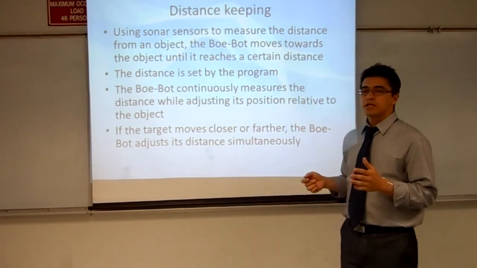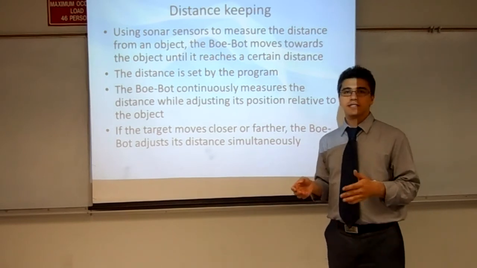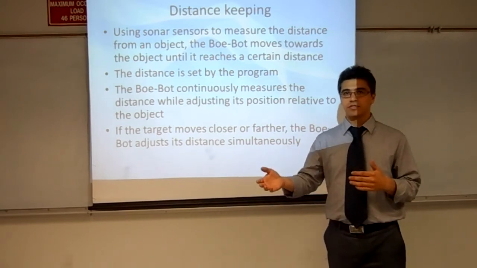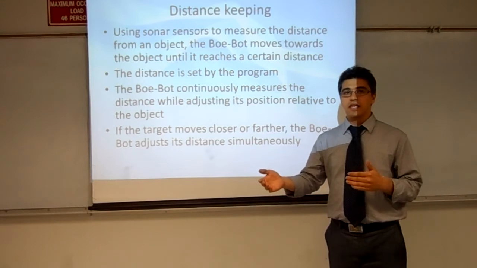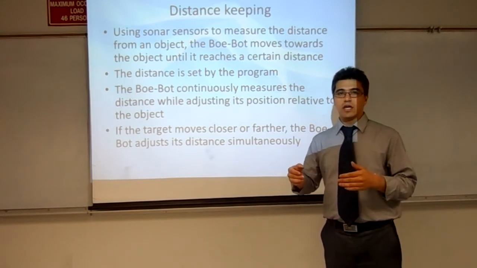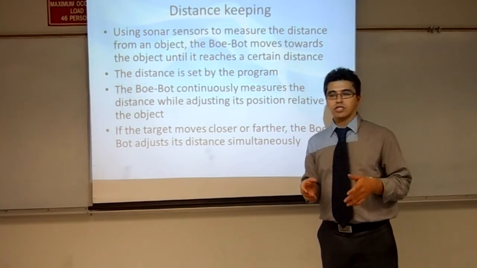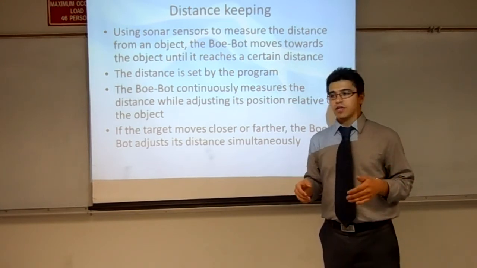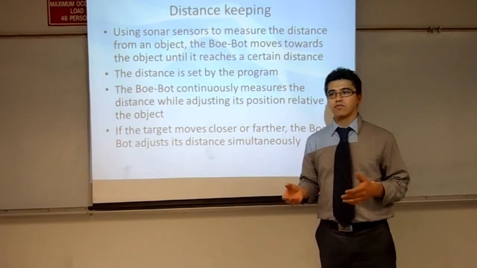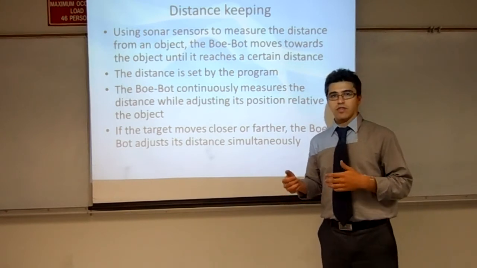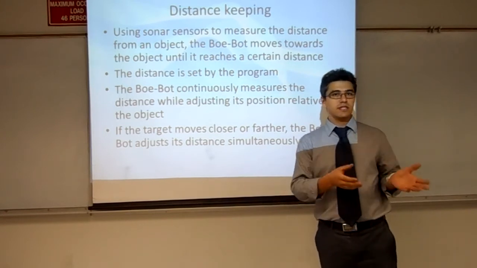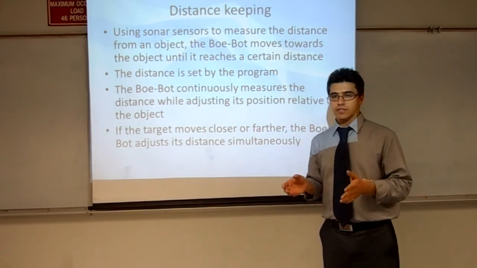The Bobot continuously measures the distance from the object, and if the distance was in our acceptable range, it wouldn't move. But if it was less than this range, it will go farther, and if it was more than this range, it will go closer.